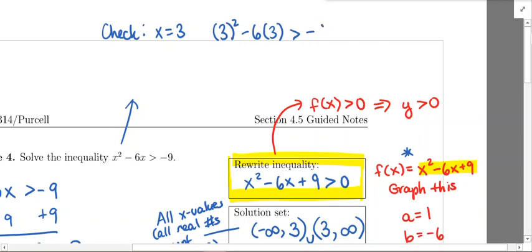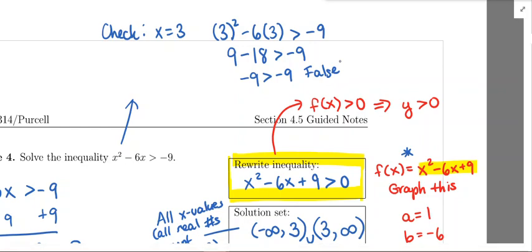Is that greater than negative 9? If we simplify, we get 9 minus 18 is greater than negative 9, so negative 9 is greater than negative 9. That is a false statement, because negative 9 is not bigger than itself. It's equal to itself. So negative 9 is bigger than negative 9 is not true.